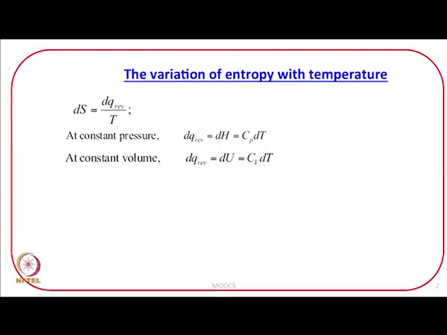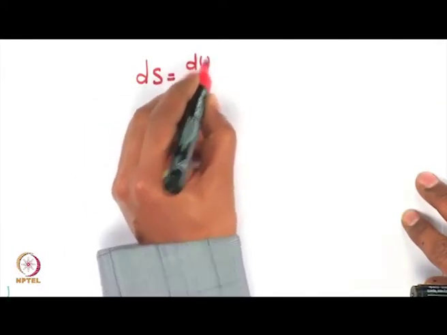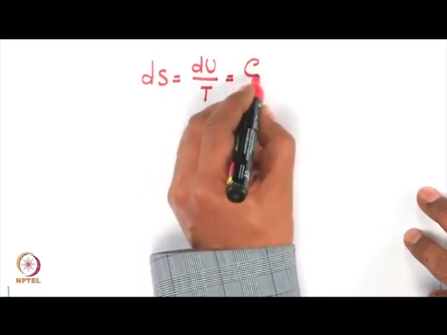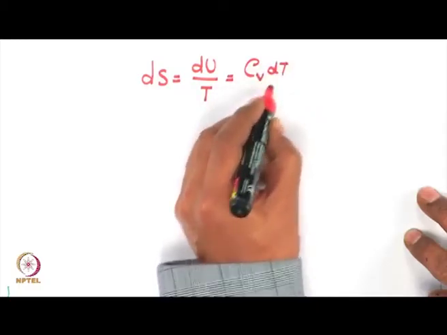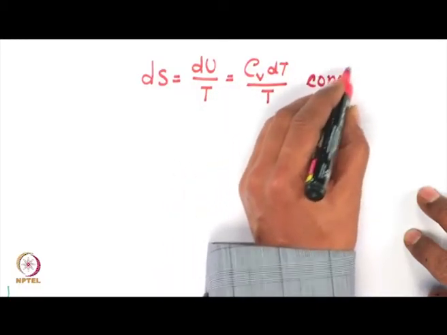Then dS is equal to dU by T is equal to Cv dT by T at constant volume.